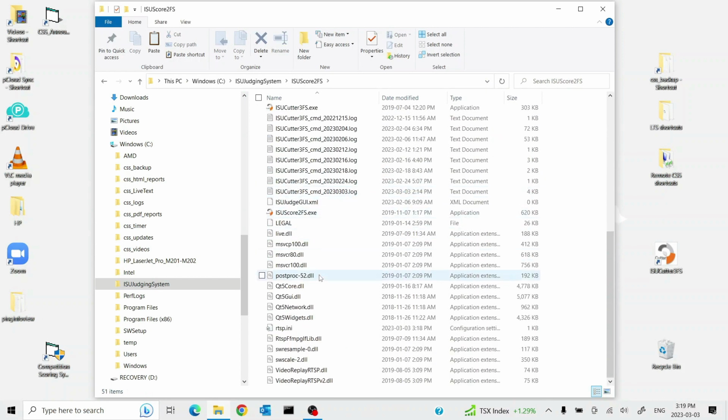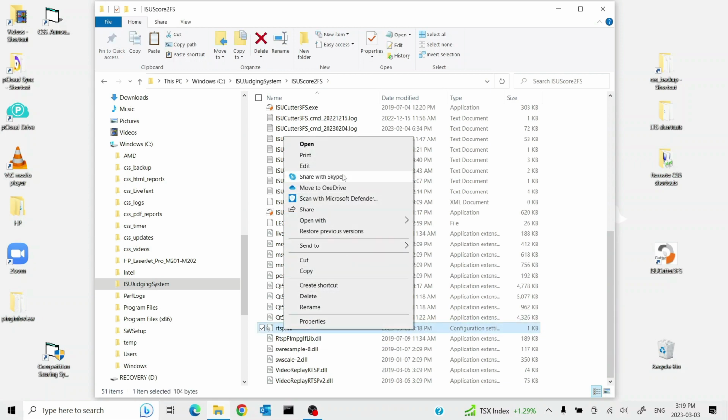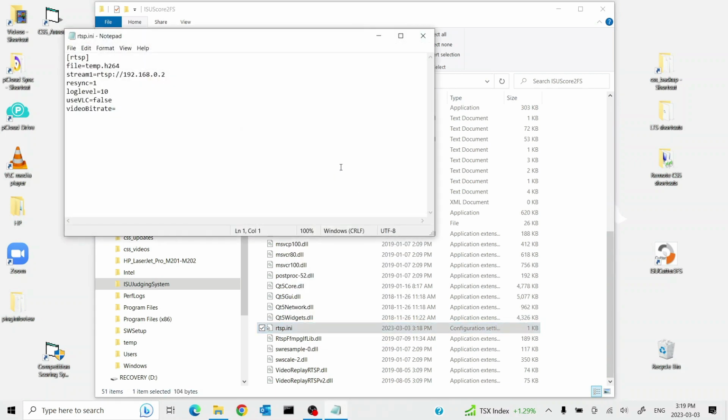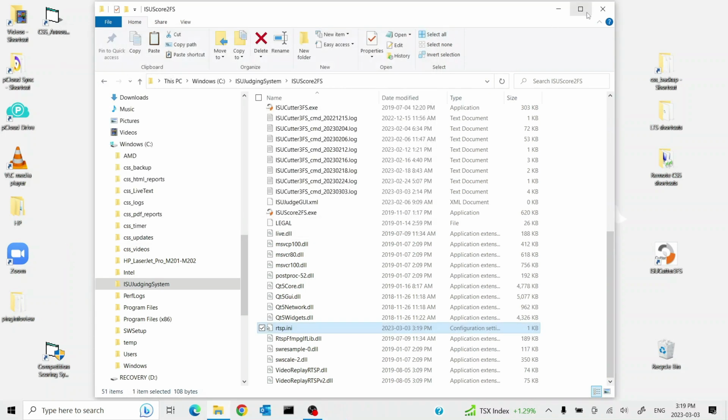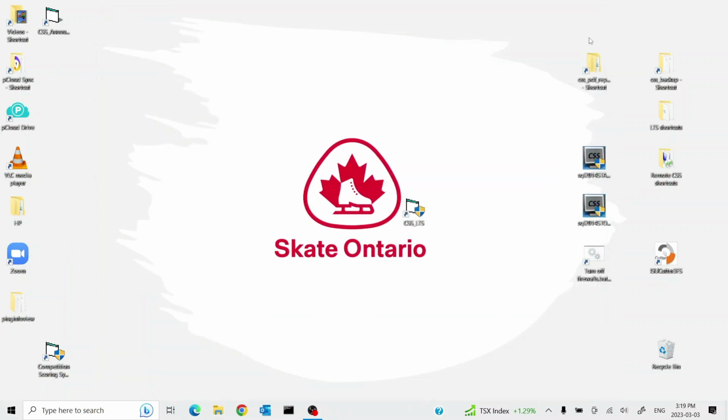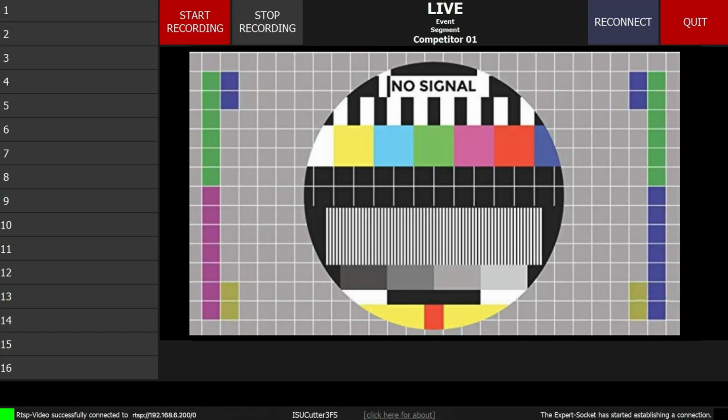Look for a file called rtsp.ini and then edit that file in Notepad by right-clicking the file and selecting Edit. Change the Stream 1 setting so that the IP address matches the address of your JTAG box, and ensure it ends in /0. Once you've done that, save the file and close it. When you restart Cutter, it will connect to the newly configured RTSP stream address.